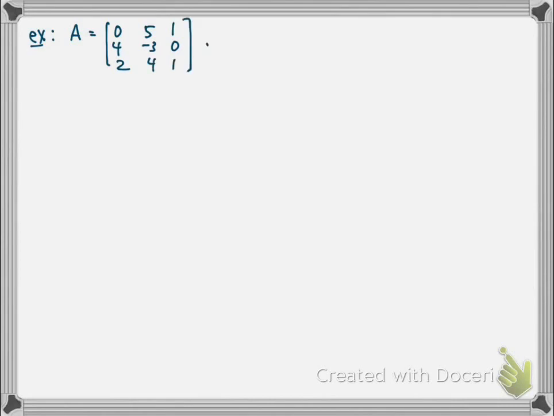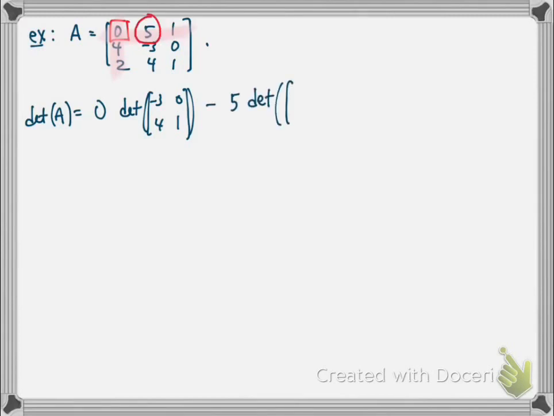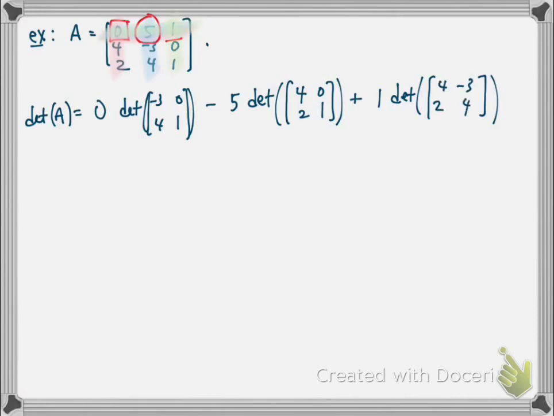Let's use the formula in a slightly larger example. Let A be this 3 by 3 matrix here. Then the determinant of A, I'm going to grab the 1, 1 entry, which is a 0, multiply it by the determinant of the submatrix where I delete the first row and first column, minus the 1, 2 entry, which is a 5, times the determinant of the submatrix where I delete the first row and second column, plus the 1, 3 entry, which is a 1, times the determinant of the submatrix where I delete the first row and third column.